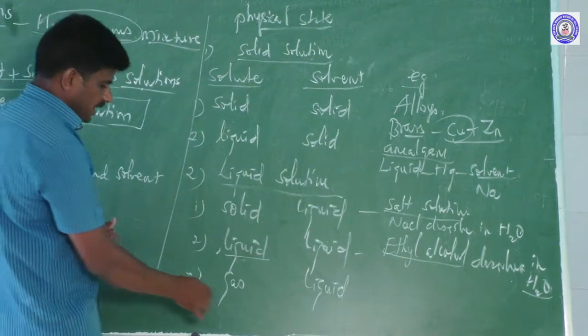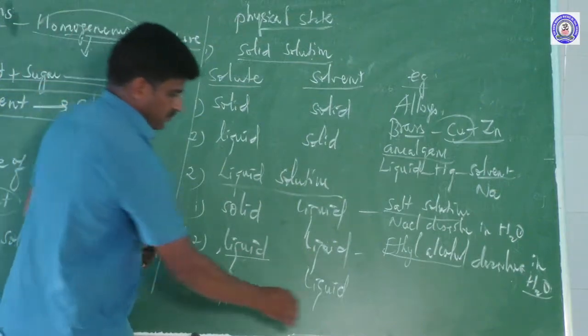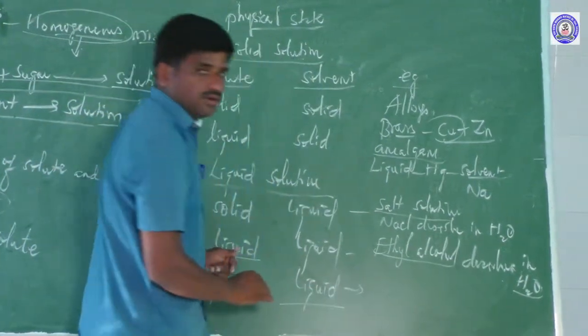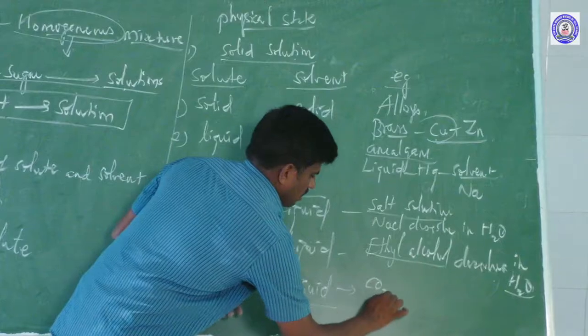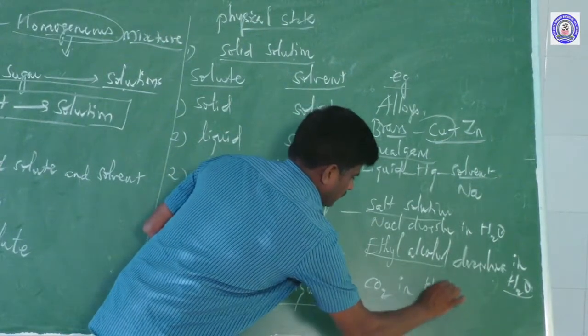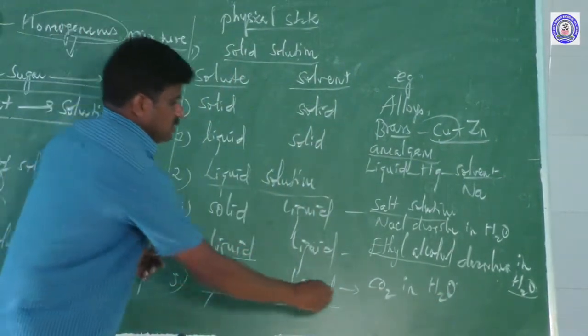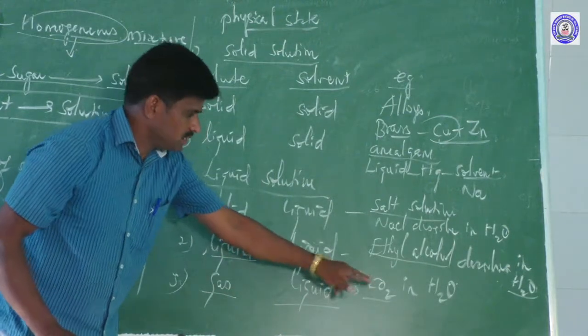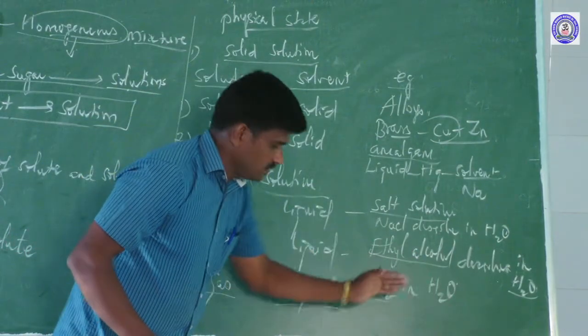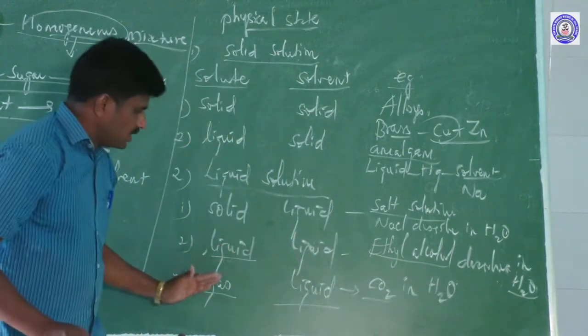We go for the third type, that is gas in liquid. For gas in liquid, we take the example of carbon dioxide in water. The state of carbon dioxide is gas, and the gas is dissolved in water. Such a solution is called gas in liquid.